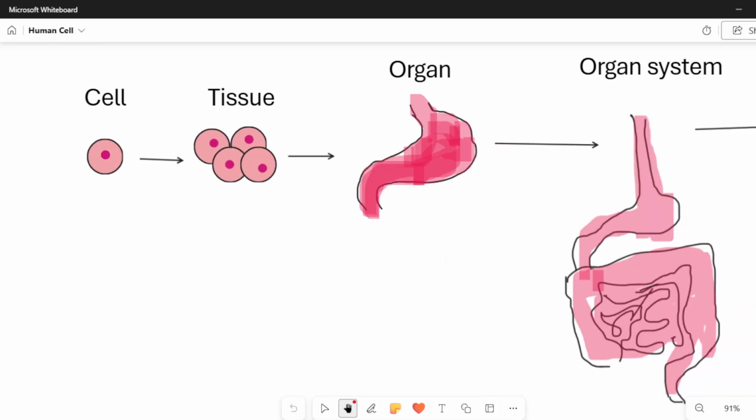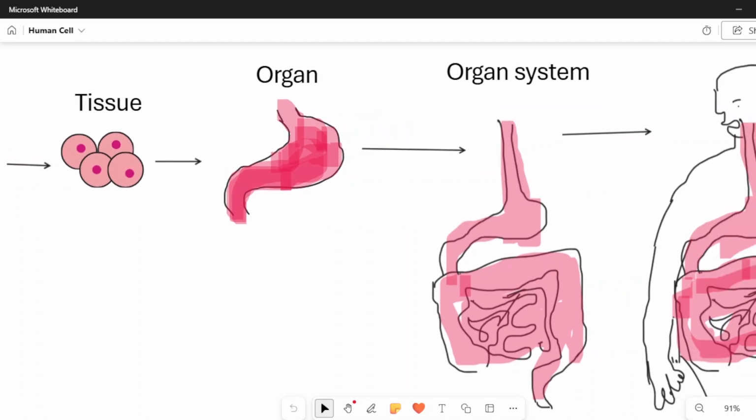Now, these different organs combine together to form a system. Here we are seeing an organ system, for example the digestive system, with your stomach, large intestine, small intestine, and esophagus. All combined together, they form the digestive system.